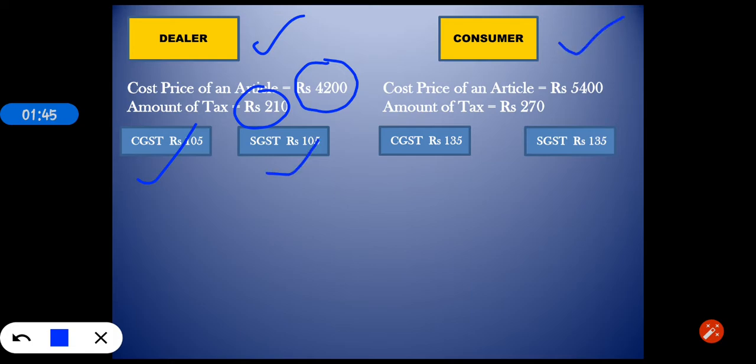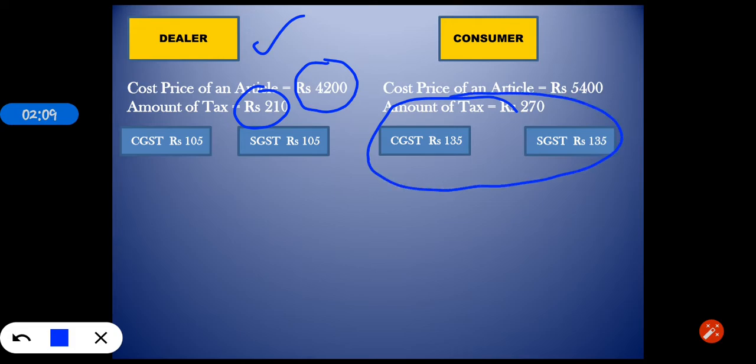Now for the consumer, the cost price of the article is 5,400 and the amount of tax is 270. This 270 is divided into two equal halves, that is rupees 135 for the central government and another rupees 135 for the state government. Here this is your output GST and this is your input GST.